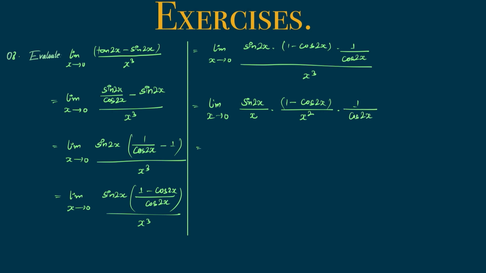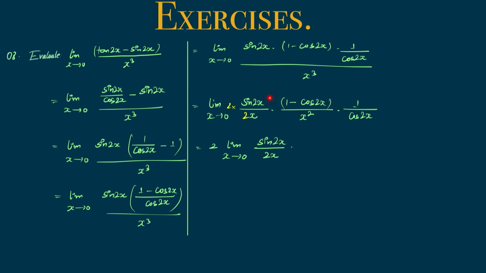Now as you notice here, if I write 2 here, if I multiply this 2 here, I have to multiply 2 in the numerator also. So let me take out that 2 outside, so it will be 2 limit x tends to 0 sine 2x by 2x into, and here in the numerator it is 1 minus cos 2x.